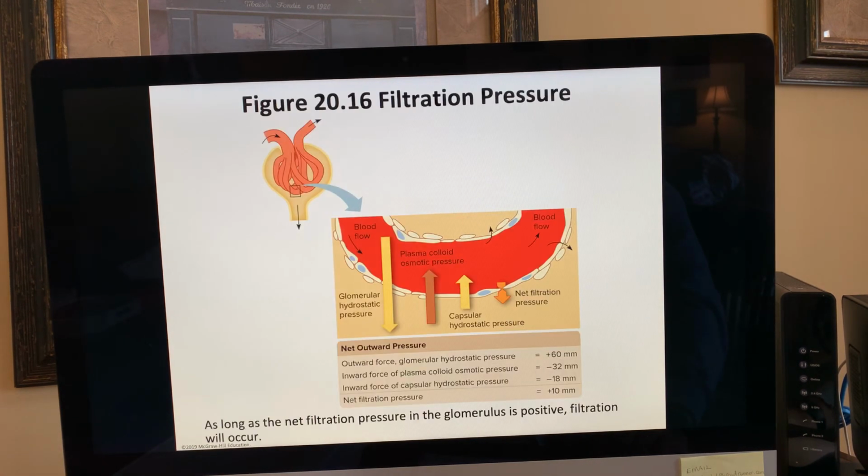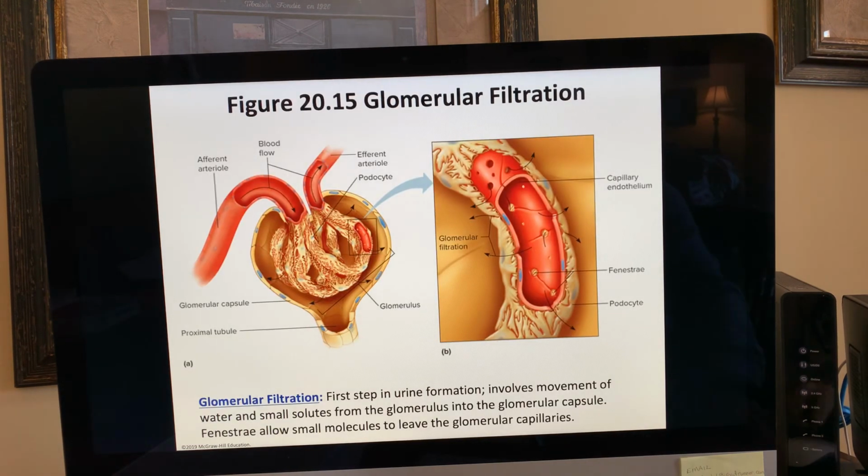if we go back to here and we look at the afferent arteriole coming in, the efferent arteriole going out, if you constrict the afferent arteriole, then you're going to have less flow into here, which will, by definition, decrease your filtration rate, because you're going to have less volume in there, less pressure on the wall.